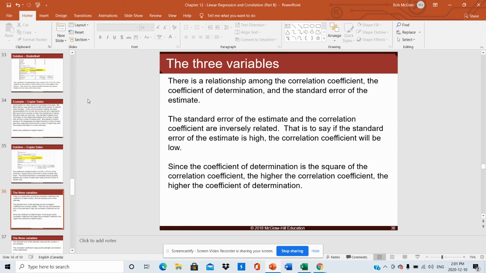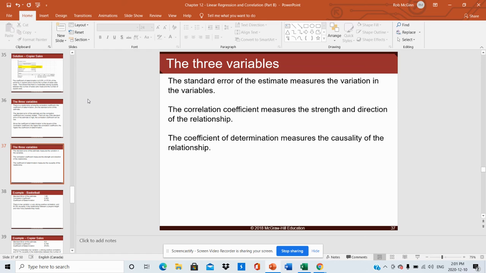And then since the coefficient of determination is the square of the correlation coefficient, the higher the correlation coefficient, the higher the coefficient of determination. So the standard error of the estimate measures the variation in the variables. Correlation coefficient measures the strength and direction of the relationship. And the coefficient of determination measures the causality of the relationship.